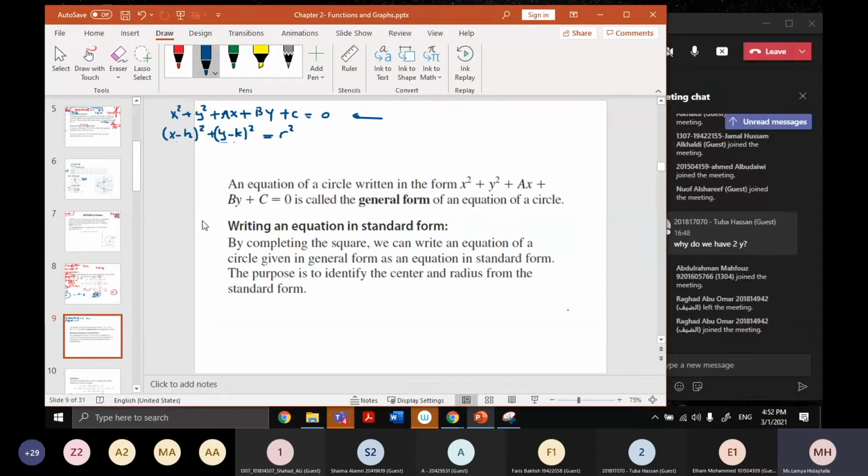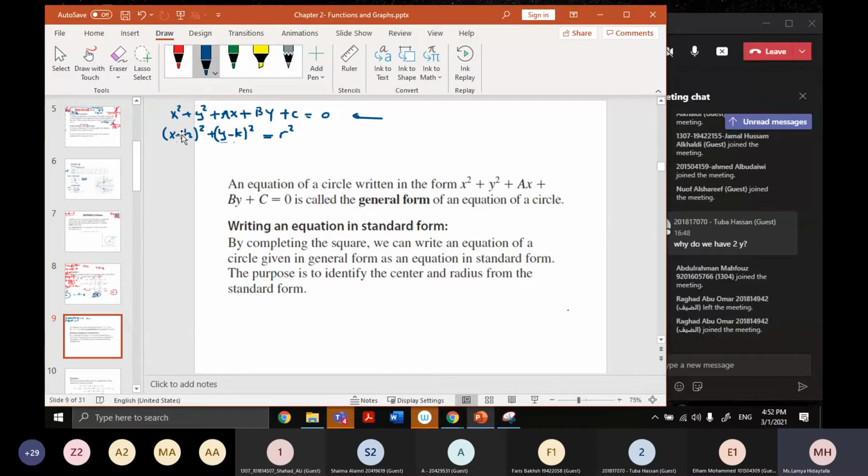Okay. Now, if I have an equation like this, of course easily from here I can go there just by expanding. Now, if I have this equation and I want to know the center of this circle and the radius, what should I do?